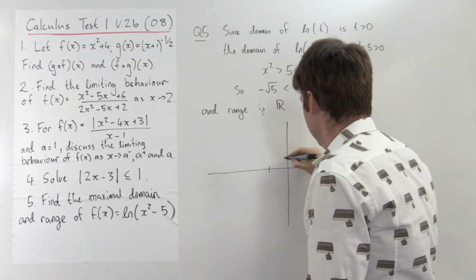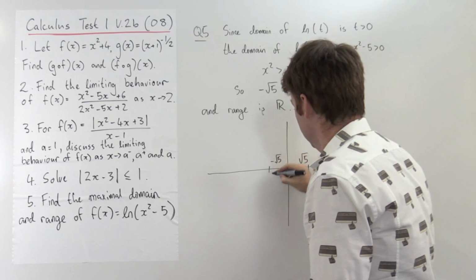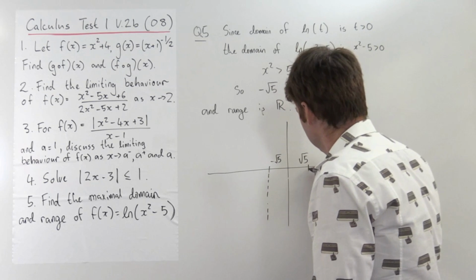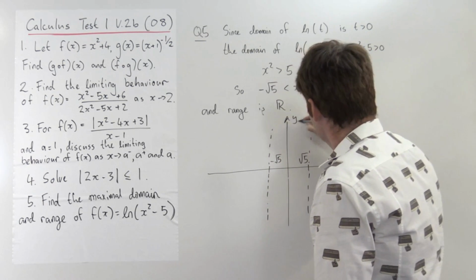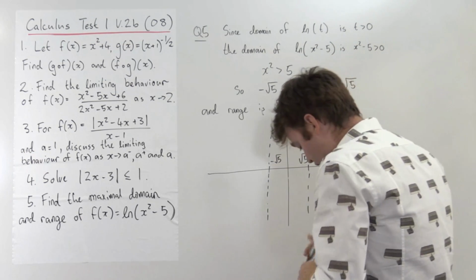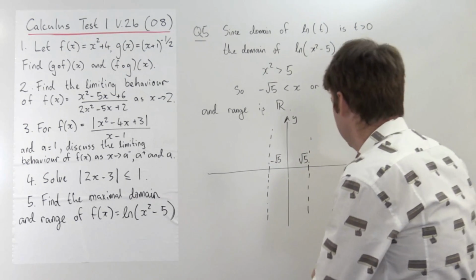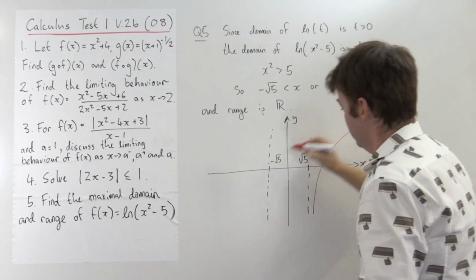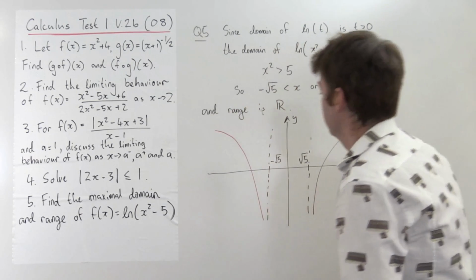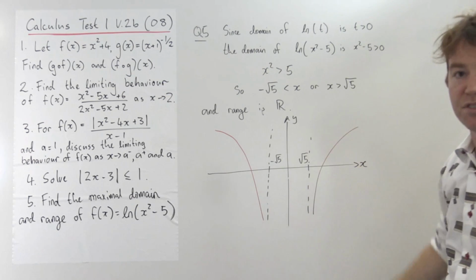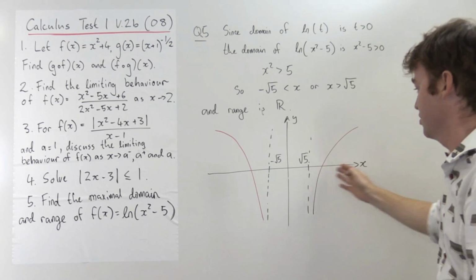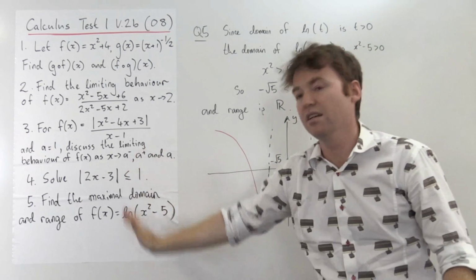Root 5, minus root 5, y, x. That's what it looks like. So you can see from the picture its range is all of R, and I have to restrict myself to x being bigger than root 5 or less than negative root 5.